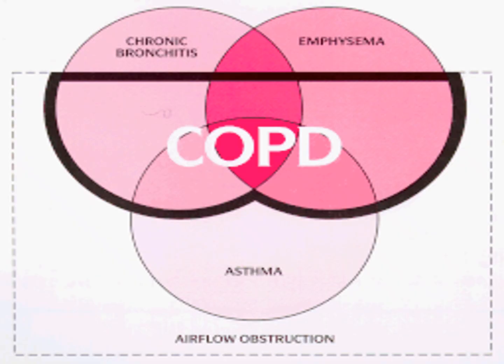So here you can see a diagram showing that there's overlap occurring between emphysema and chronic bronchitis as well as asthma. Remember, this chronic bronchitis is different from the acute bronchitis that we discussed several slides ago.